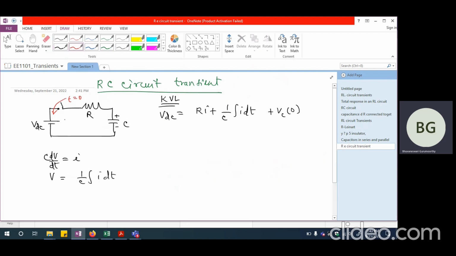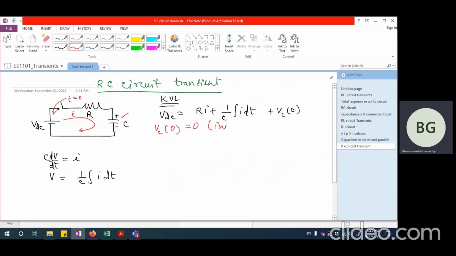So if I take that this is going to be the direction of current, the capacitor voltage is actually going to oppose the flow of current, or the voltage is going to increase as the current flows further and further. So I could have taken the sign as positive. That's not a problem. Now in this particular case, we are going to assume that Vc of 0 is 0.